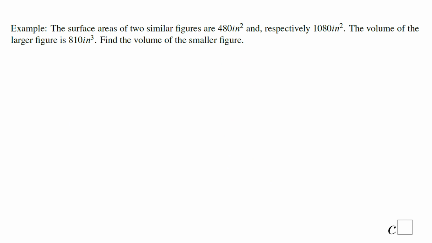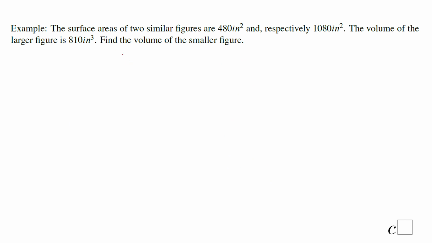In my next example, we know that the surface areas of the two similar figures are 480 and 1080 square inches. And we know also the volume of the larger figure is 810 cubic inches. We need to find the volume of the smaller figure. We don't really need to see the figures, okay?